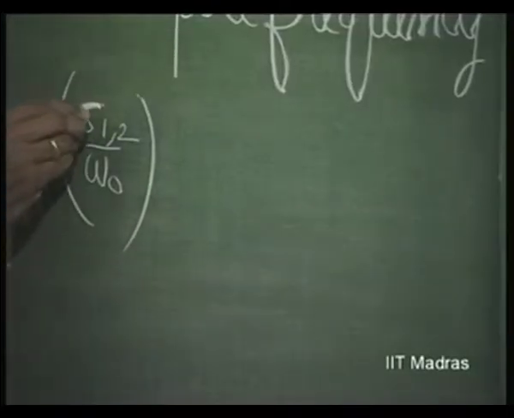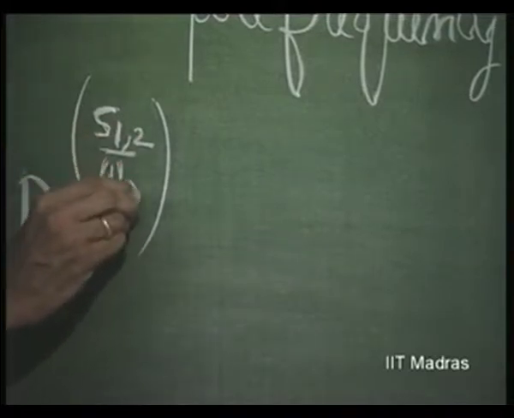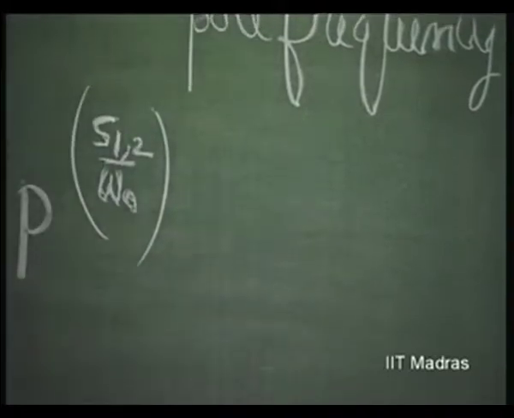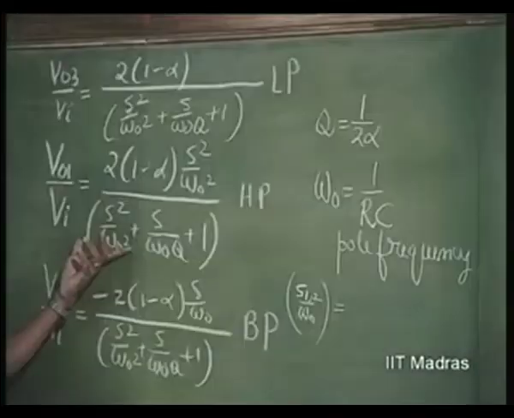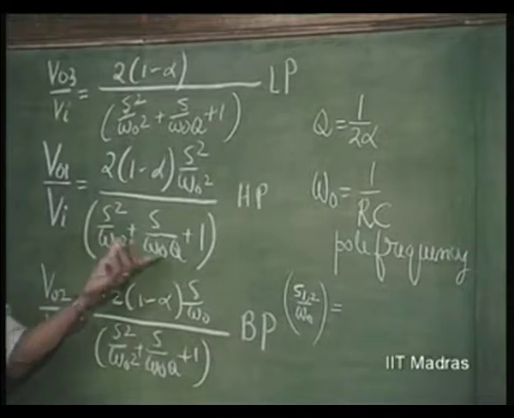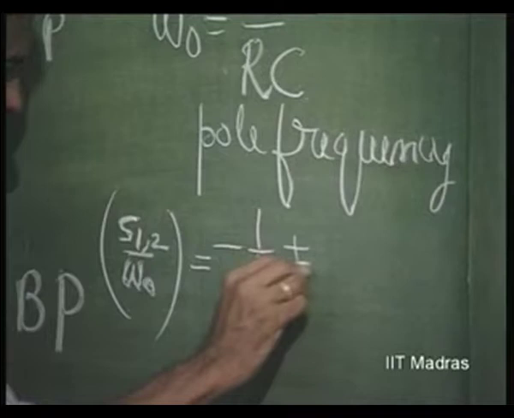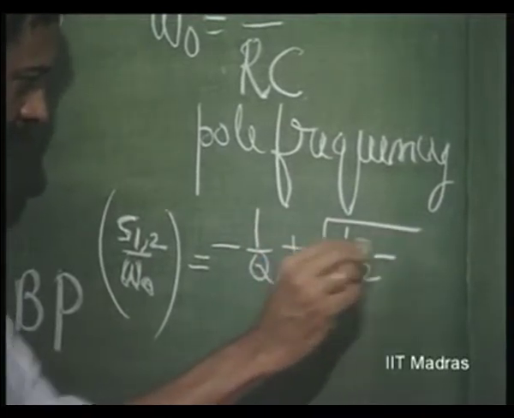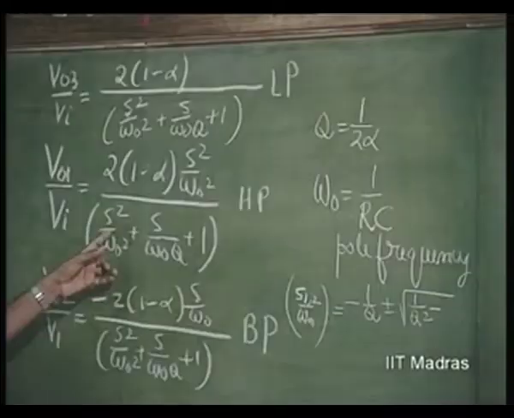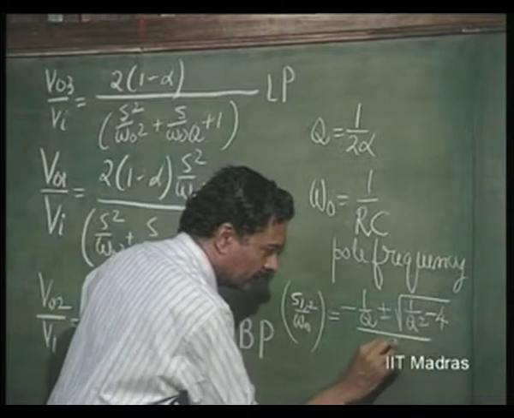S1,2 by omega naught, with omega naught being this, you can solve this quadratic equation, equate it to 0 and get minus b plus or minus root of b squared minus 4, divided by 2.